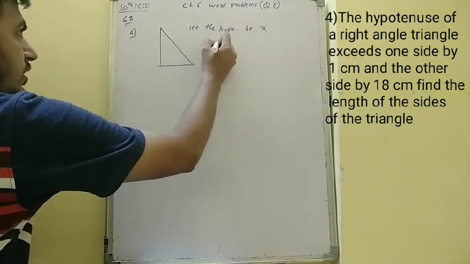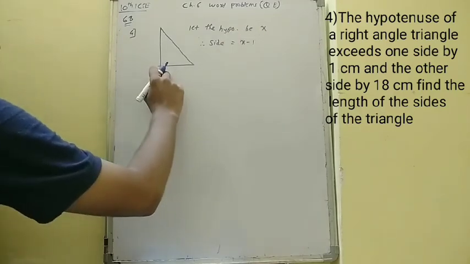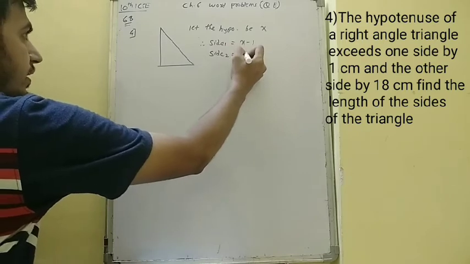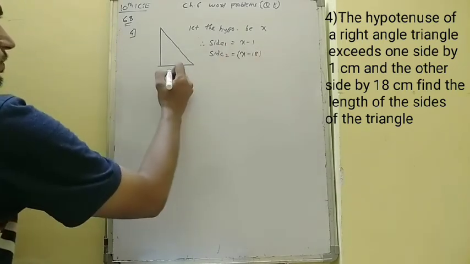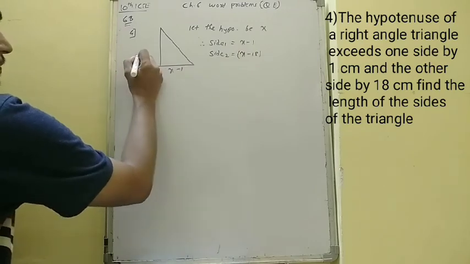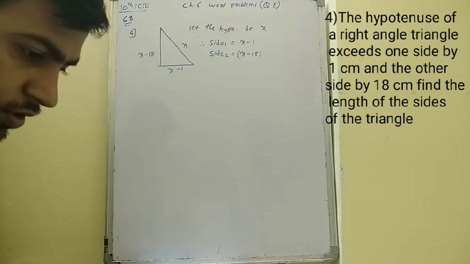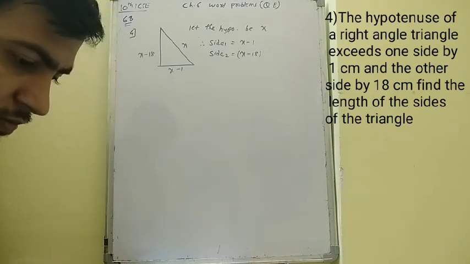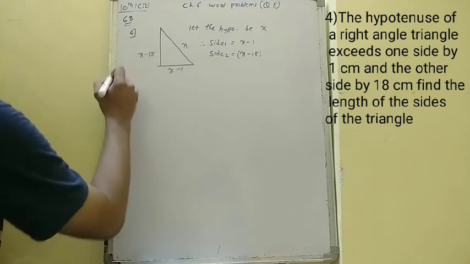Therefore, side 1 will be 1 सेंटीमीटर से बड़ा है तो x minus 1, तो ये छोटा हो गया, राइट. एंड साइड 2 18 सेंटीमीटर से बड़ा है तो ये x minus 18. Okay, this is the only question given. Hypotenuse of the right angle triangle exceeds one side by 1 centimeter, other side by 18 centimeter. Find the length of the sides of the triangle. Yes, then you can use the Pythagoras theorem.